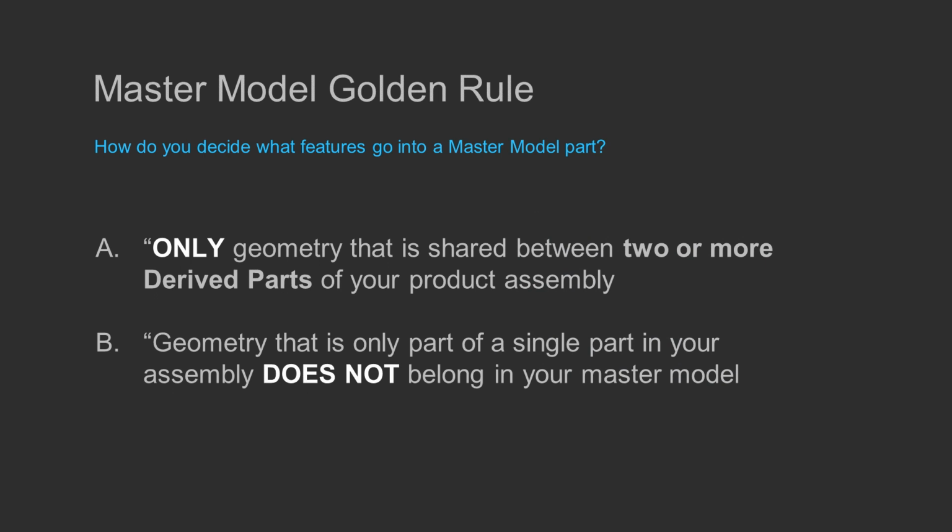So this slide is a really important one to keep in mind and to remind yourself constantly of the best practice for using the master model. I call it the master model golden rule. It's really when you ask yourself, what features do you put into a master model? And it's pretty simple.